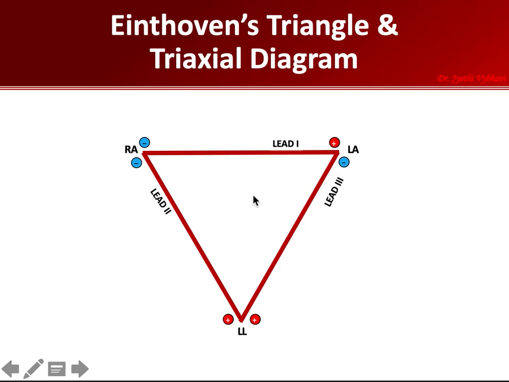So lead 1's center point is the heart, right? What is lead 2 doing? This is also recording the electrical activity. So the center point of this triangle is the heart. So lead 2 also has the center point as the heart. And lead 3 is also recording the electrical activity of the heart, which has the heart as the center of this triangle.